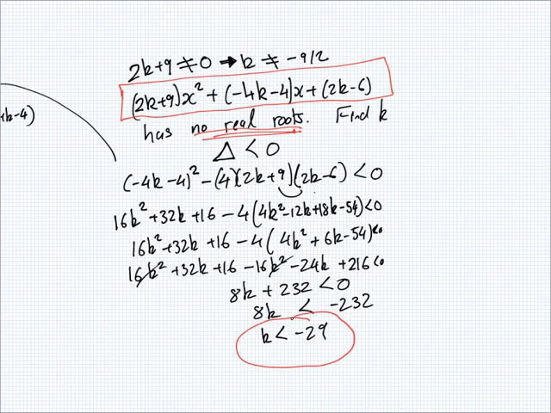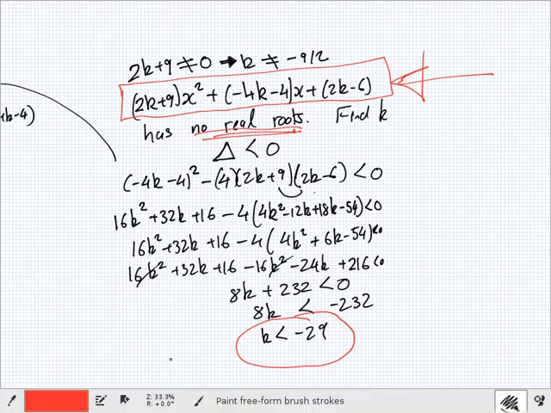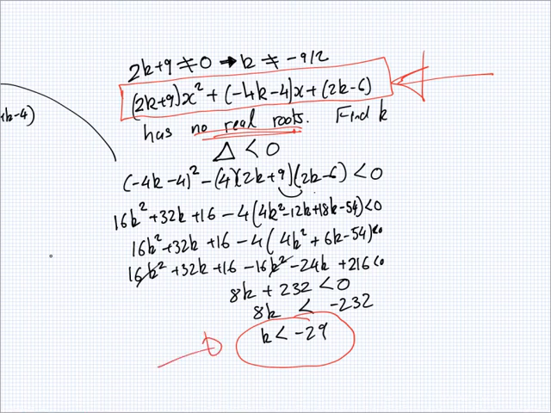So if you pick any number smaller than minus 29, like minus 30, minus 31, minus 32, and you put that in here, you'll make a quadratic which has no real roots. Okay? So any value smaller than minus 29 back into this will make a quadratic that has no real roots. So k must be smaller than minus 29.